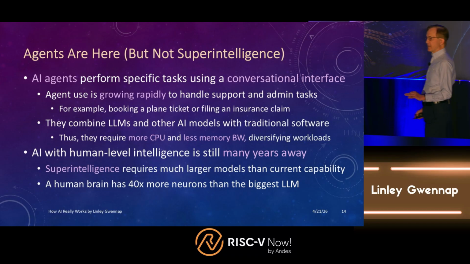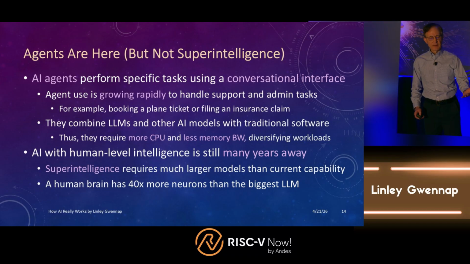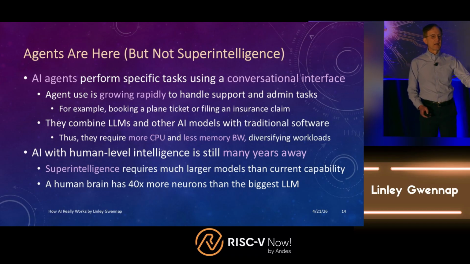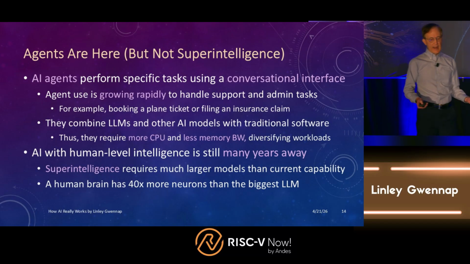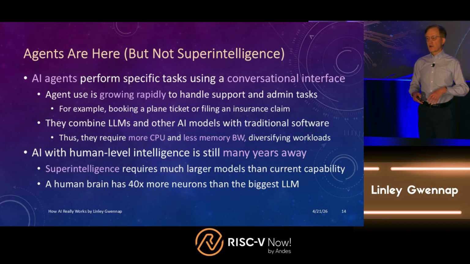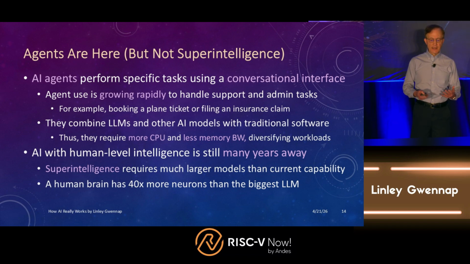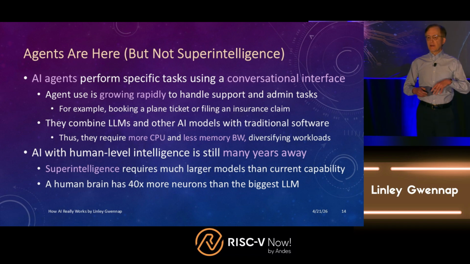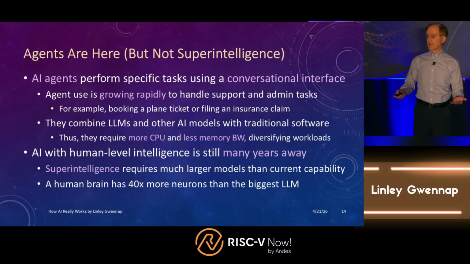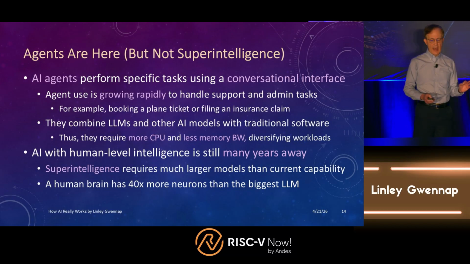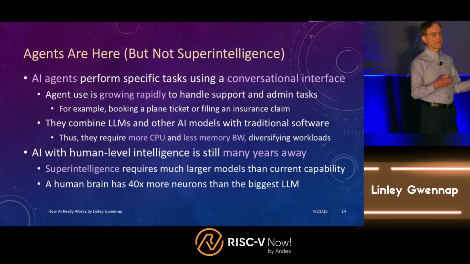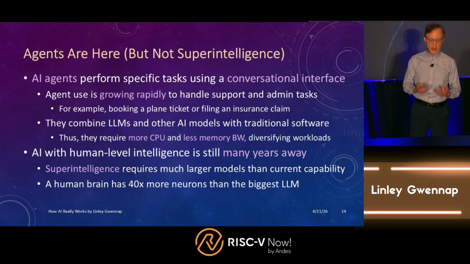Changing gears a little bit, a different trend is agents. I just wanted to talk briefly about the hot new thing in AI, which is these agents. So going beyond just an LLM or a chatbot that can tell you things, the agents are actually able to do specific tasks, using the same conversational interface as a chatbot.